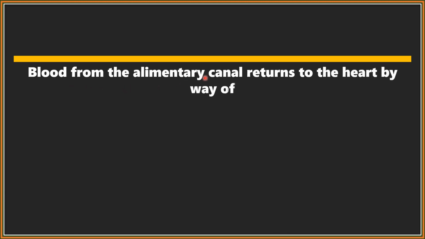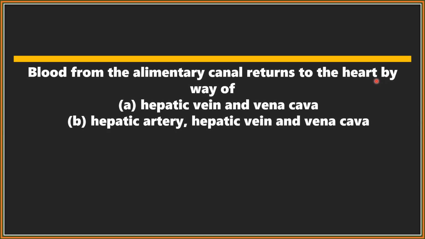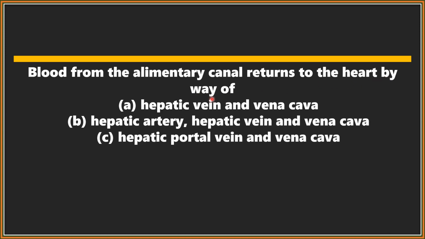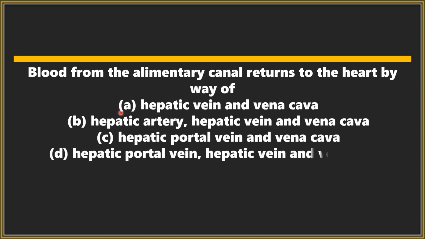Blood from the alimentary canal returns to the heart by way of A. Hepatic vein and vena cava. B. Hepatic artery, hepatic vein, and vena cava. C. Hepatic portal vein and vena cava.